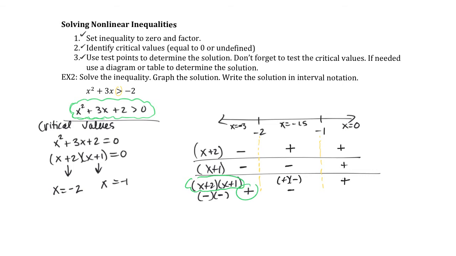It happens twice: this section is positive and this section is positive. Because it's just greater than, with no equal, I'm not going to include the critical values of -2 and -1. So my interval goes from -infinity to -2, or I skip over to -1 towards positive infinity.